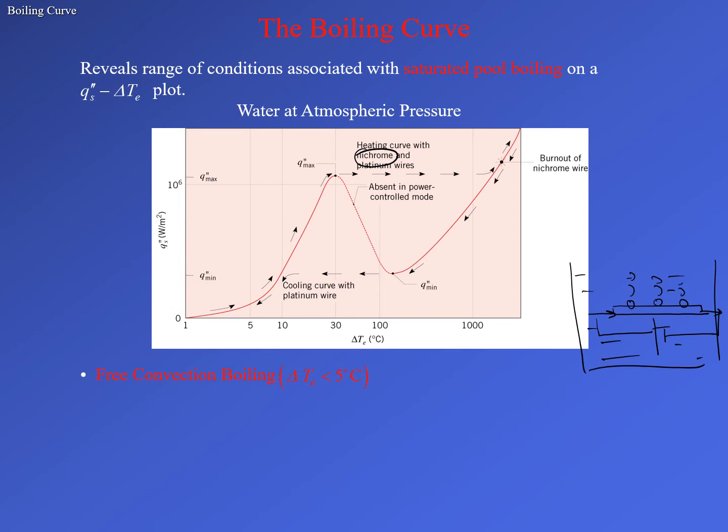And this was analyzed by measuring the QS double prime, which was the amount of heat leaving as convection from the wire to the liquid, in watts per meter square.